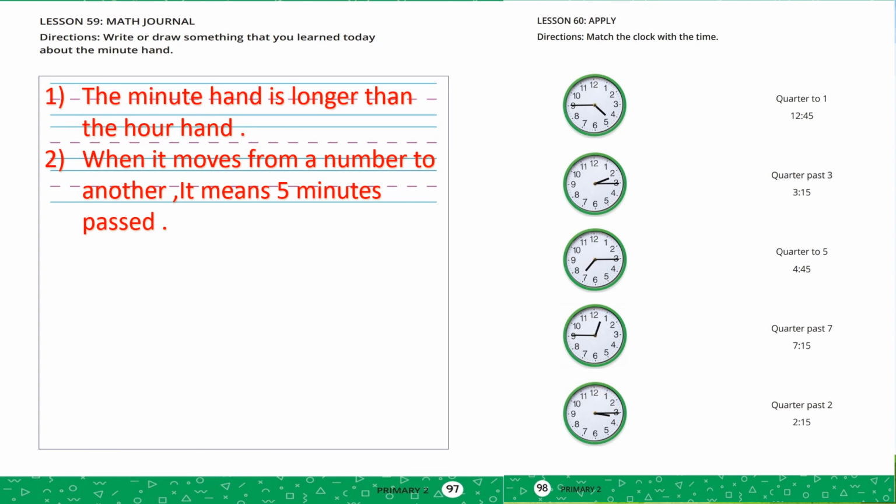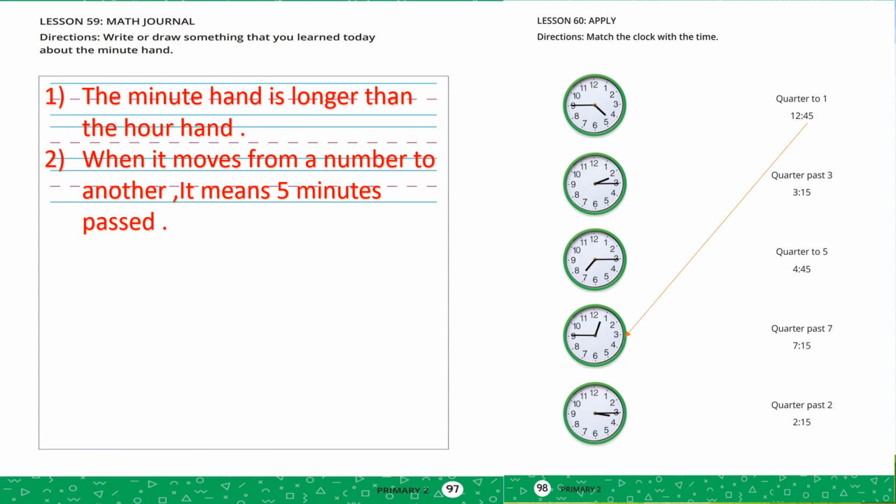Number 1, quarter to 1. Quarter to 1, it means the long hand on 9 and the short hand on 1. Which of these clocks? The long hand on 9 and the short hand on 1. Yeah, number 4. Quarter past 3.